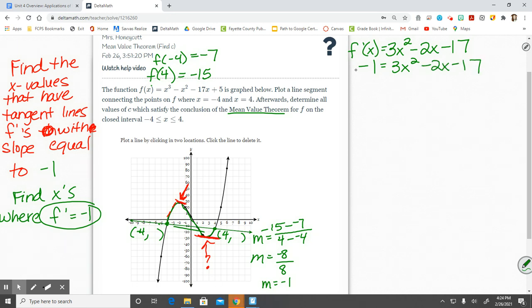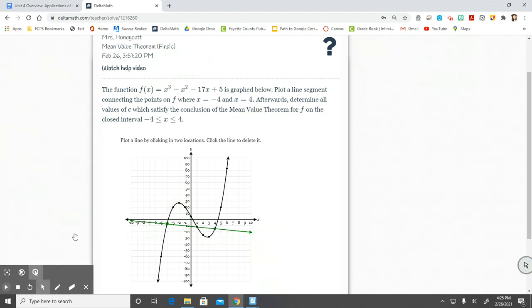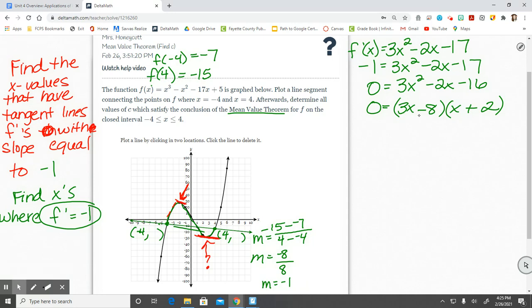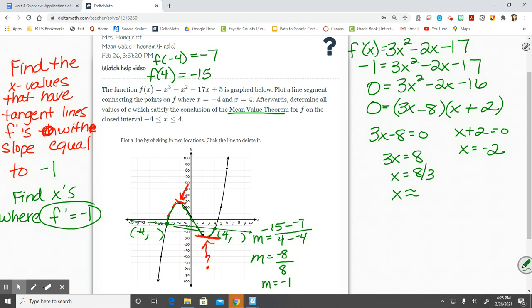I'm going to try to solve it by factoring. If I add 1 to both sides, I get 3x squared minus 2x minus 16. And then I'm going to try to factor. It looks like it factors to 3x minus 8 times x plus 2. If I set each one of these equal to 0, I get x equals -2, and 3x equals 8, so x is 8/3, approximately 2.6 repeating.